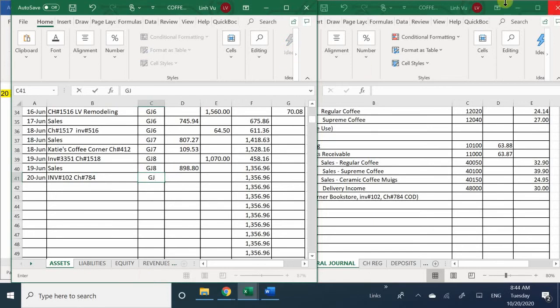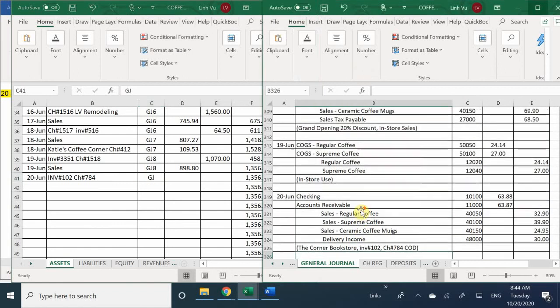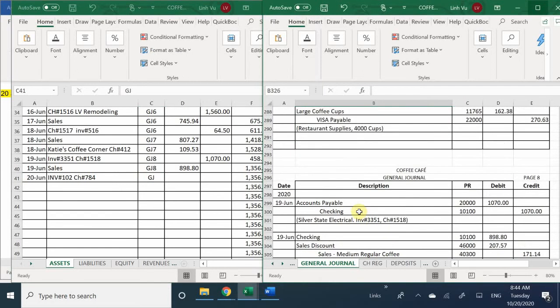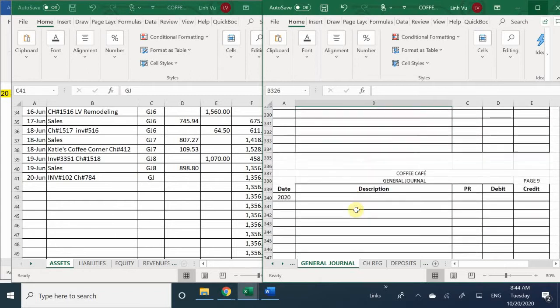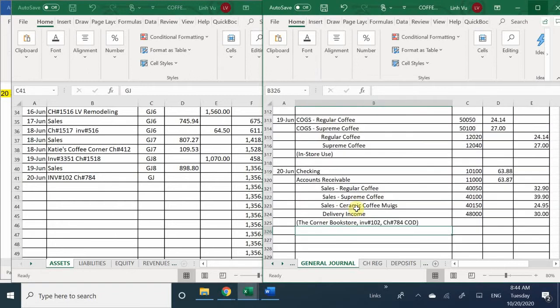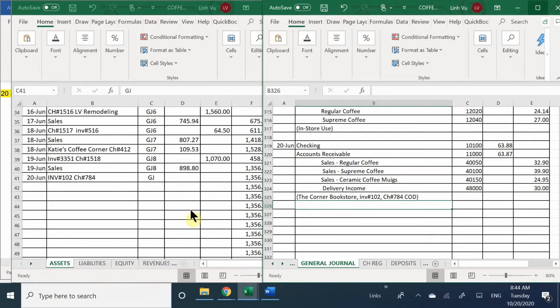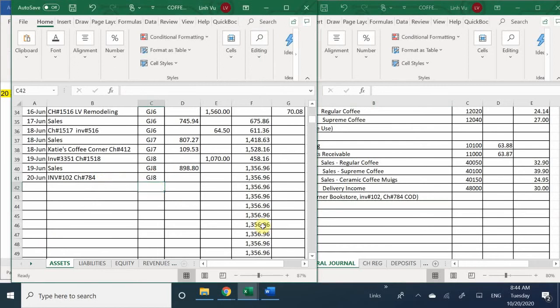Did we start a new journal yet? No, I think we're still in the six. Is it 6 or 7? I don't remember. We are currently on 8. We're almost at 9. So journal number 8. All right, and we're going to debit 63.88.